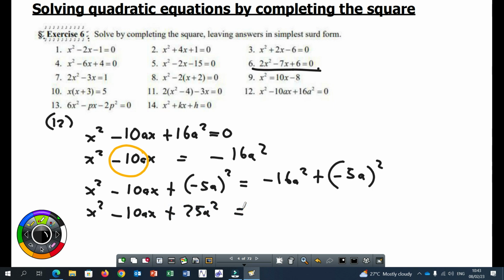On the right hand side, if I simplify, I'll get minus 16a squared plus 25a squared, which will give me positive 9a squared. Obviously, on the left-hand side, you don't have to stress about how to factorize it. Half of the coefficient of x is going to be the second term of the binomial factor. So this will be x minus 5a all squared is equal to 9a squared.